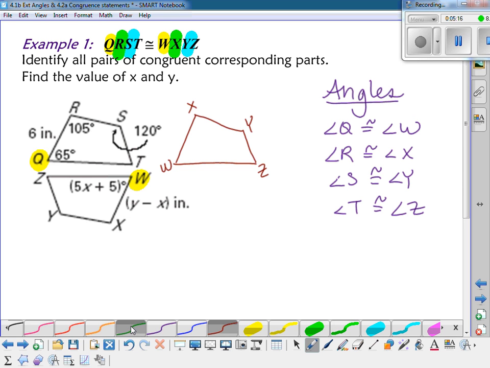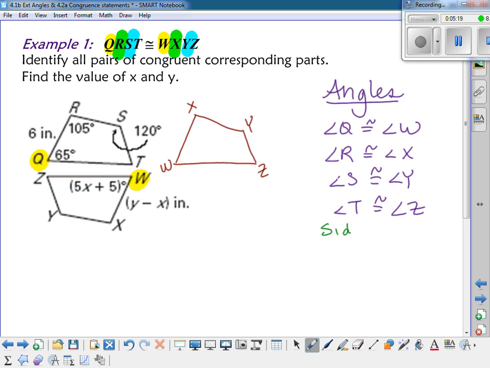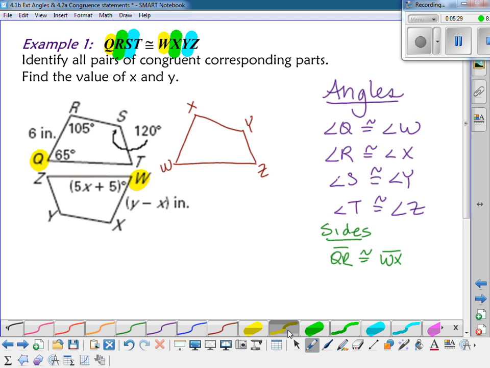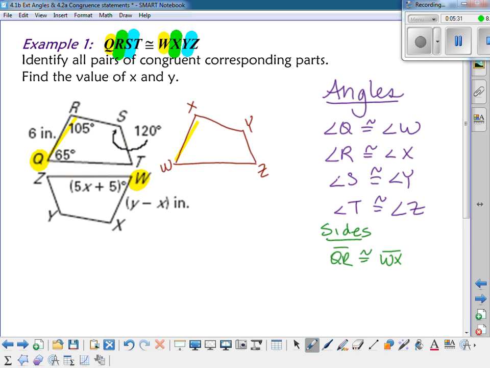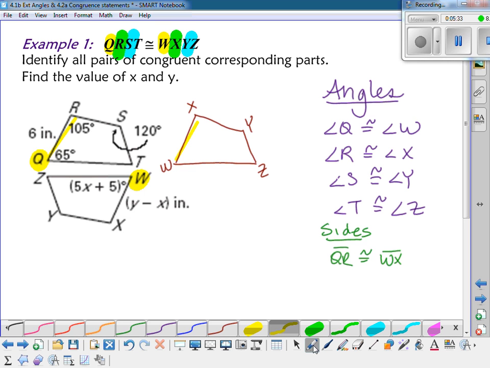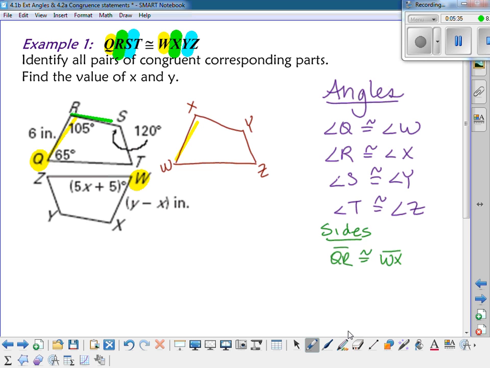So let's put them over here. All right, so now I can see that QR is congruent to WX, as you can see them in corresponding positions. RS is congruent to XY.